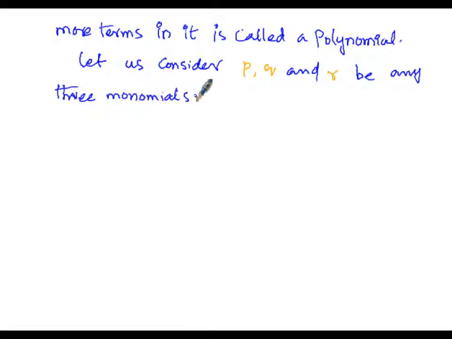In this manner we have assumed P, Q, R as three different monomials.